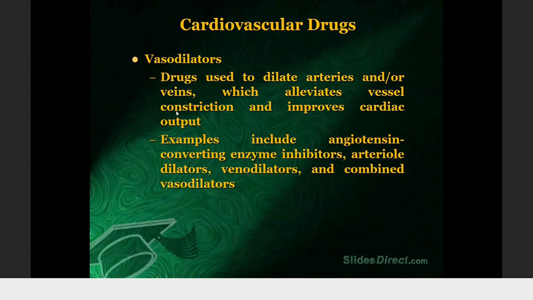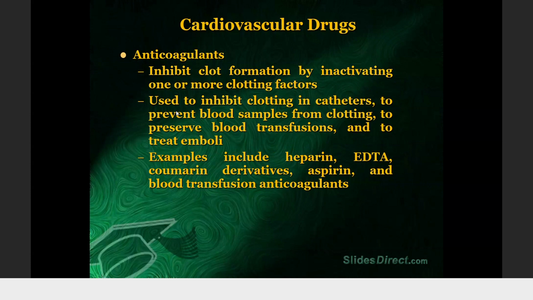Next are the anticoagulants. These don't directly affect the cardiovascular system. They affect the systems that work on the cardiovascular system. Anticoagulants are more towards the hematopoietic system, but they are also directly involved in the cardiovascular system. An anticoagulant inhibits clot formation by inactivating one or more clotting factors.